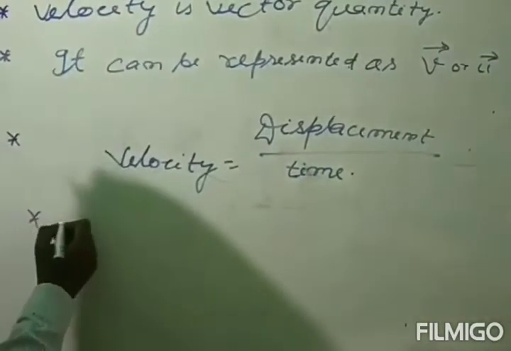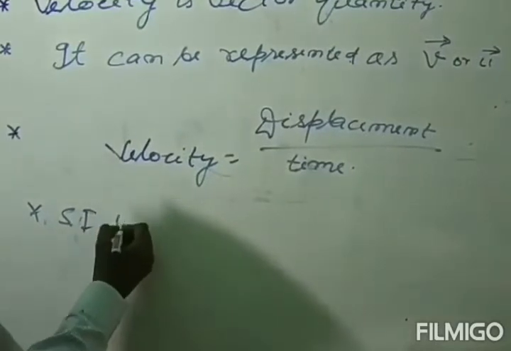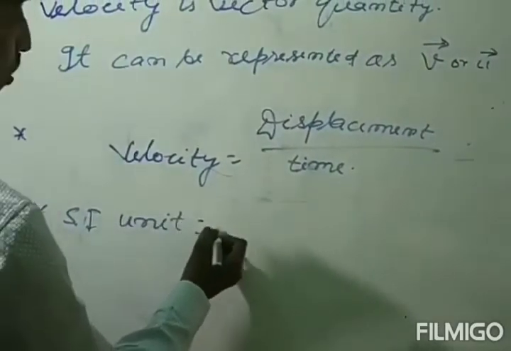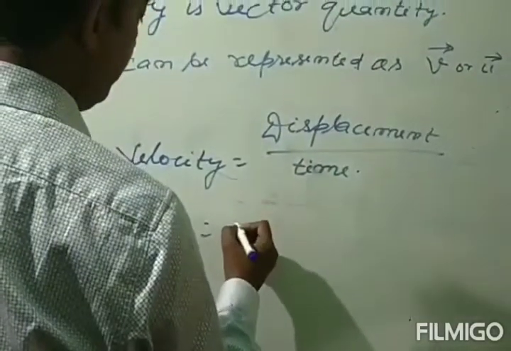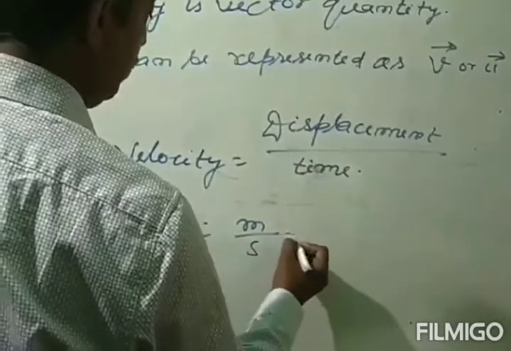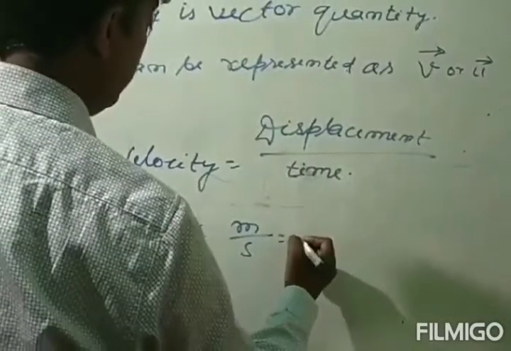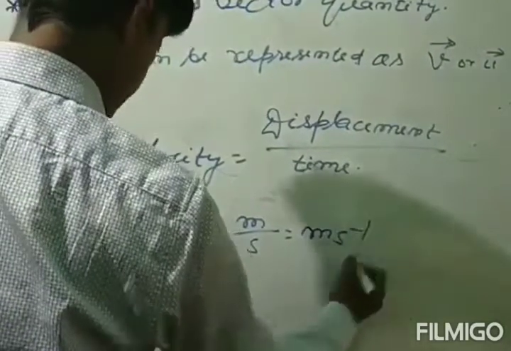So the SI unit of velocity is equal to displacement over time. The unit of displacement is meter and unit of time is second. So the unit of velocity is meter per second.